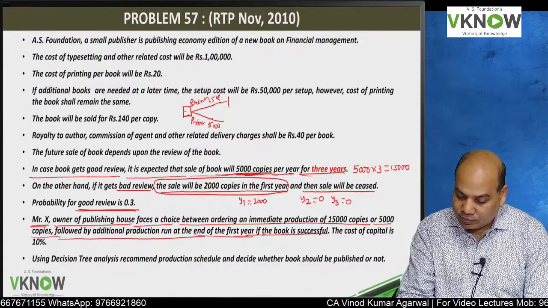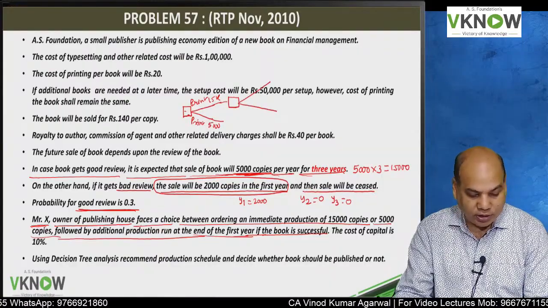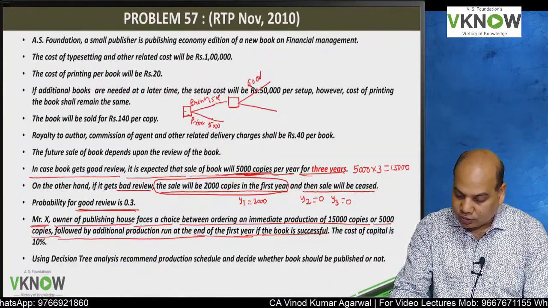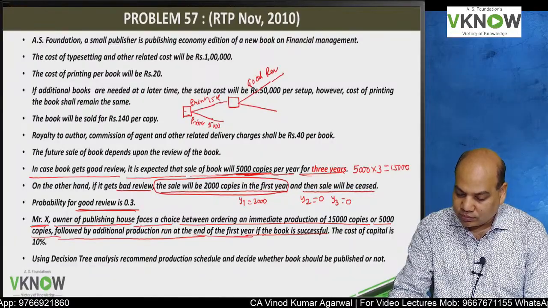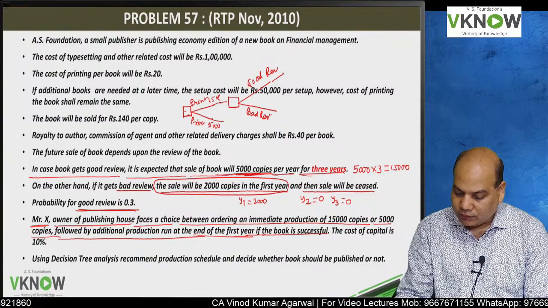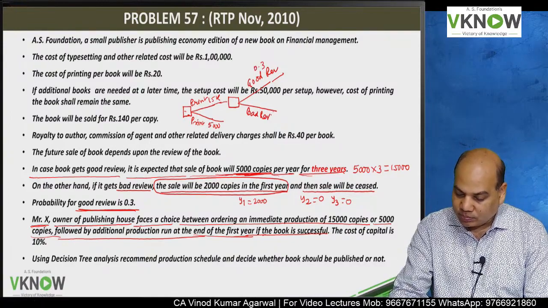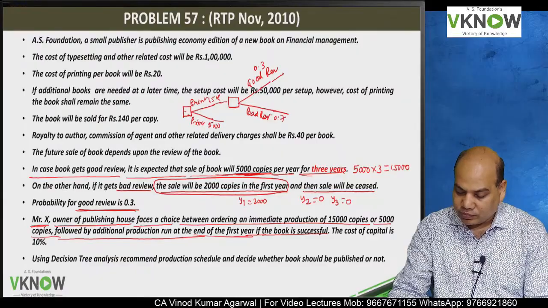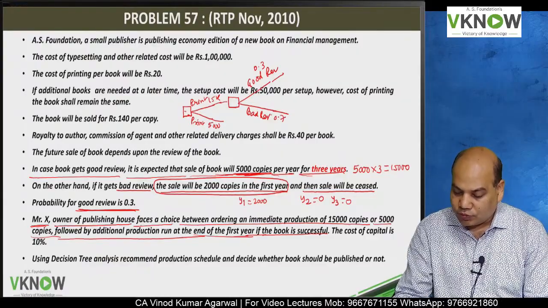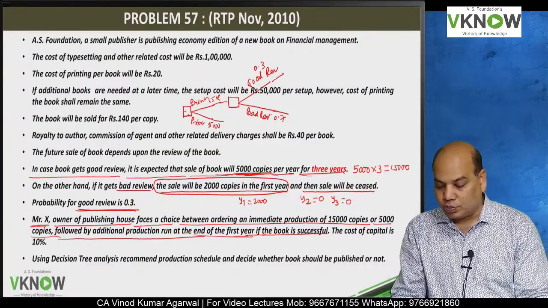If you print 15K, two outcomes will be there. One will be good review and one will be bad review. If good review, probability is 0.3, bad review 0.7, and in case of good review you will be able to sell 15,000 copies.